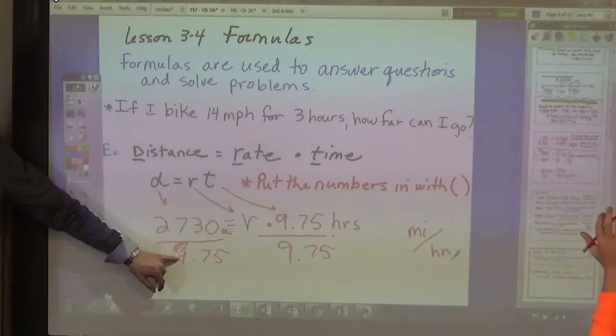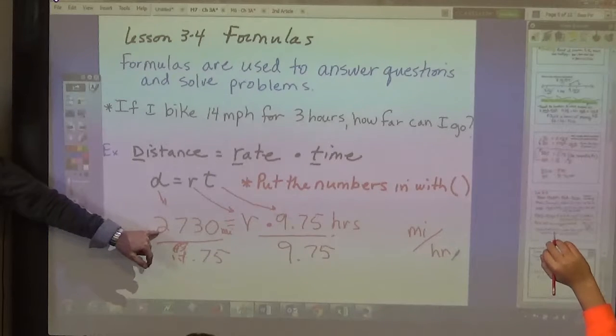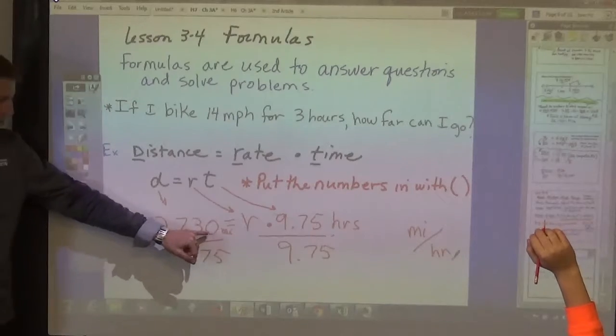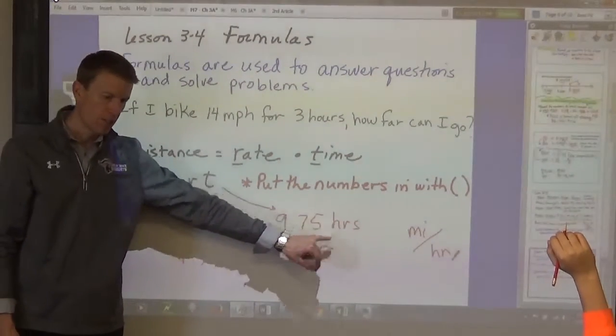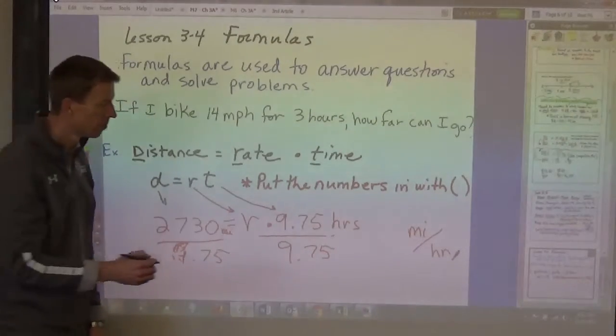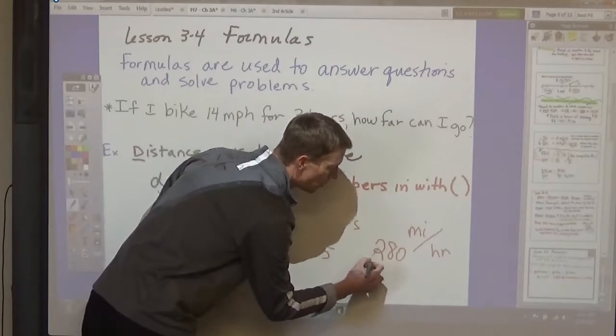That's a 9. Remember? A distance traveled is 2,730 miles in 9.75 hours. How many miles per hour? Aiden? 280 miles per hour.